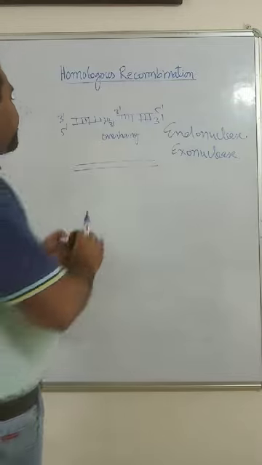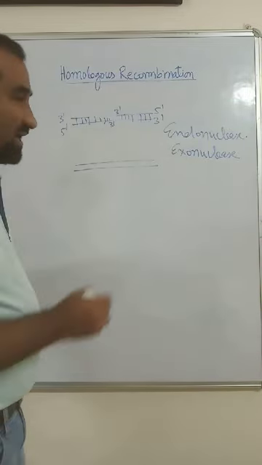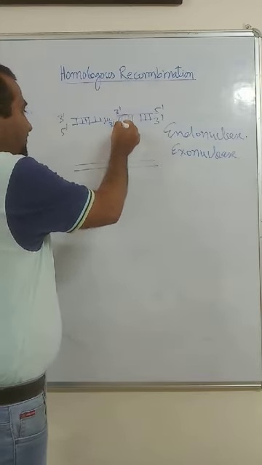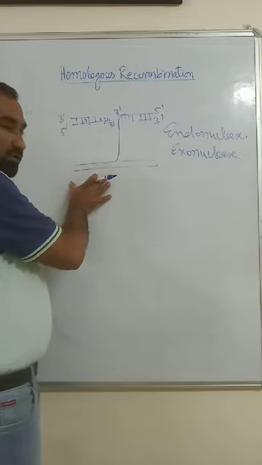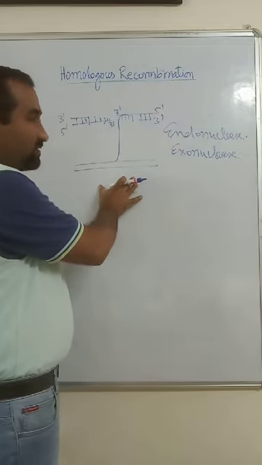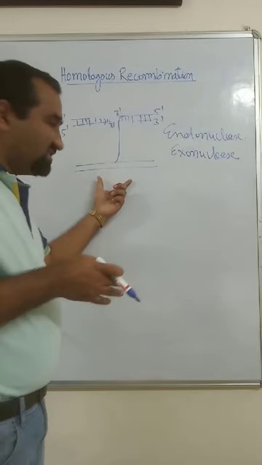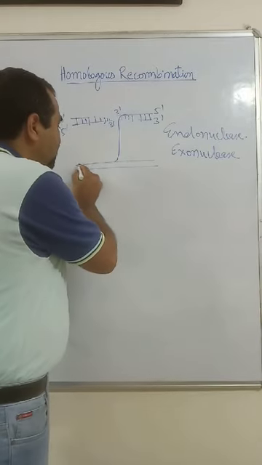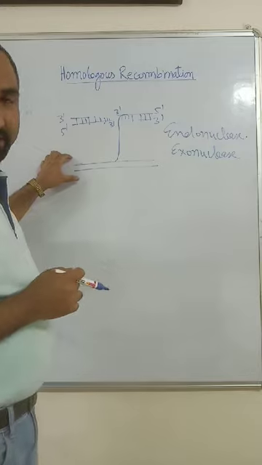Now this free end will invade the second chromosome of the homologous pair. It invades, it gets inserted in the second chromosome while it is still in double helical condition.